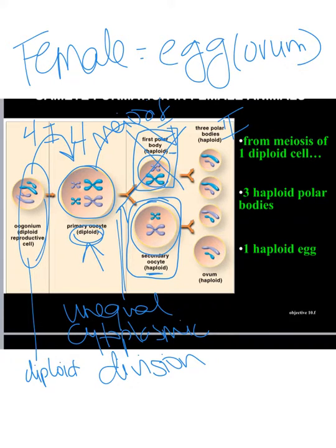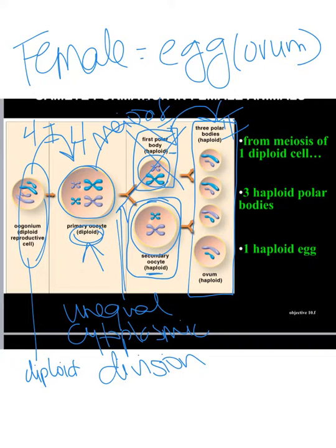So when we undergo meiosis II, from here to here, we're going to take those cells and divide them again, and we're still going to end up with our 4 haploid cells, which we know we get from meiosis. When we undergo both rounds of meiosis, we end up with 4 haploid cells.